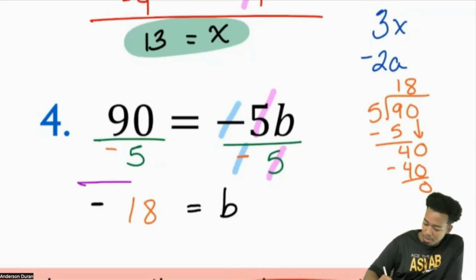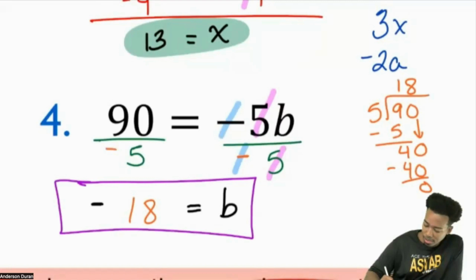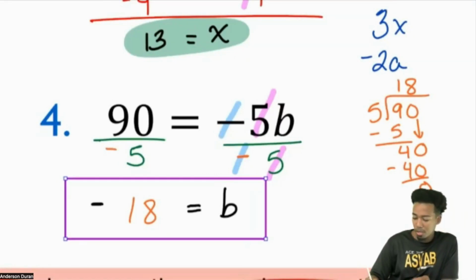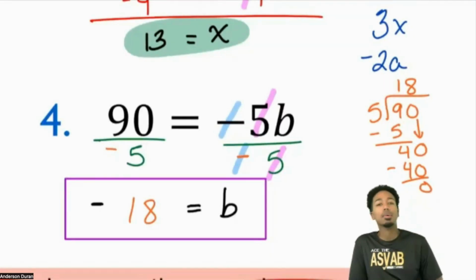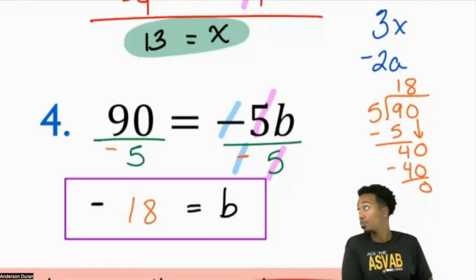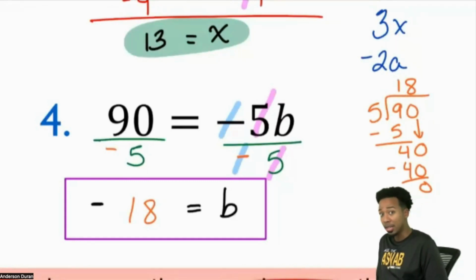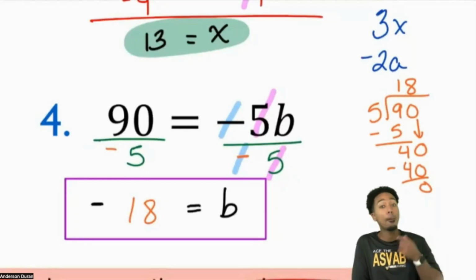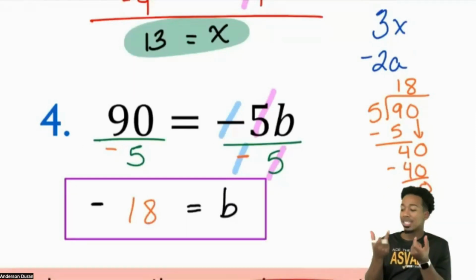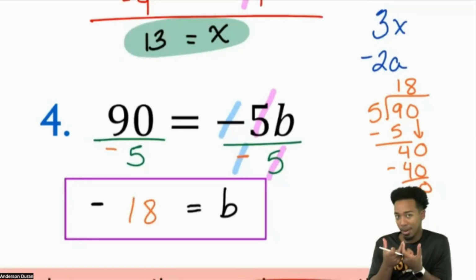So just to recap here, the signs don't really make a difference, because it's not about the signs, it's about doing the opposite operation with the exact number. Doing the opposite operation on both sides is what matters. So just because you saw a negative on the 5 does not mean you're subtracting. When we're talking about getting the b by itself, it's negative 5 multiplied by b.